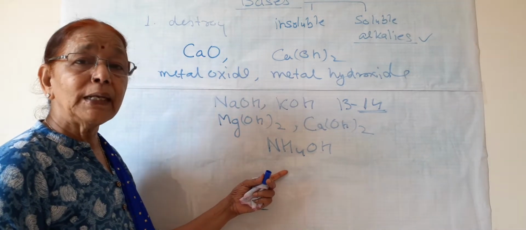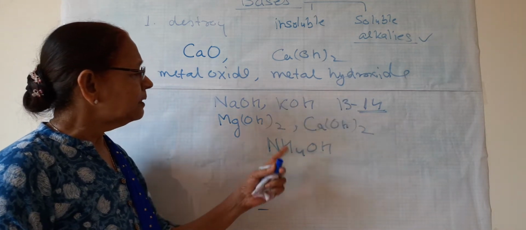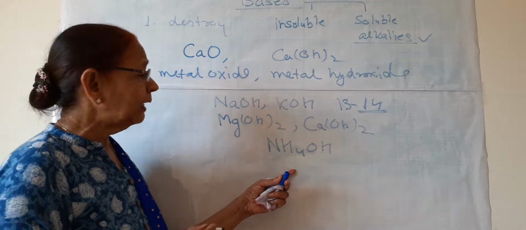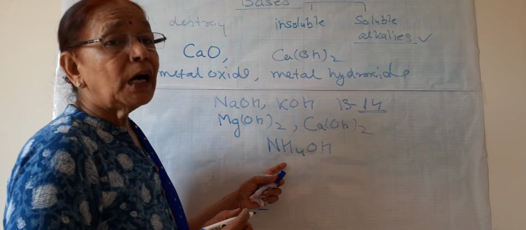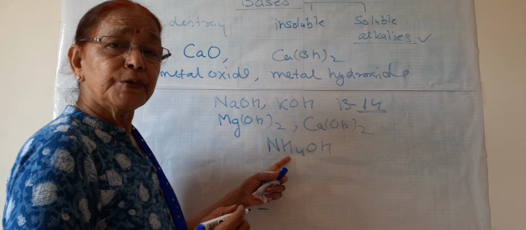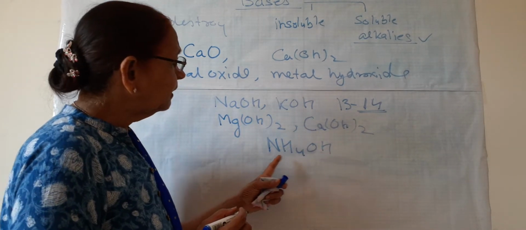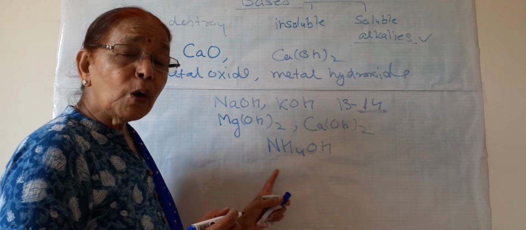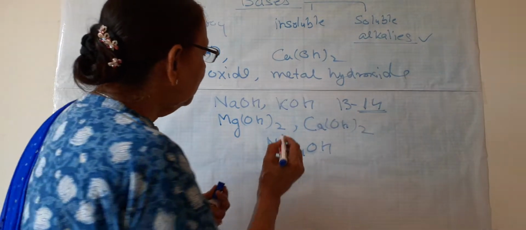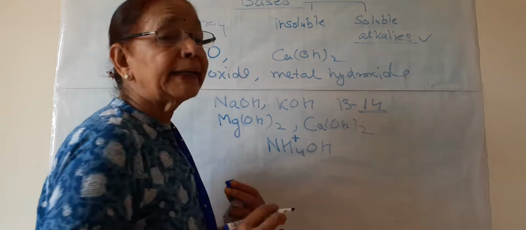This is also an alkali, a weak alkali, weaker than these. It is a non-metallic alkali. Nitrogen and hydrogen both are non-metallic. The others are metallic hydroxides. This is an exception, a non-metallic hydroxide, because you know NH4 is a cation.